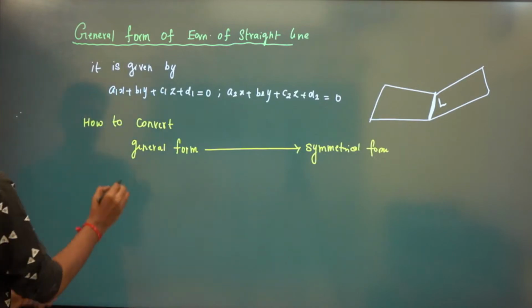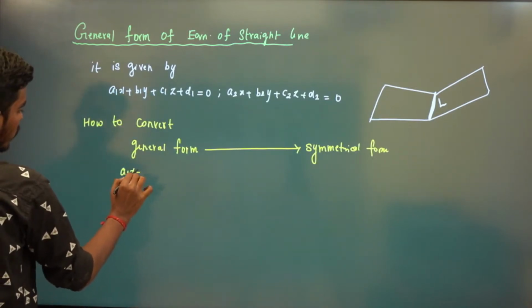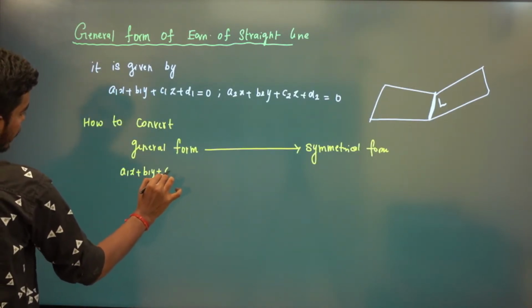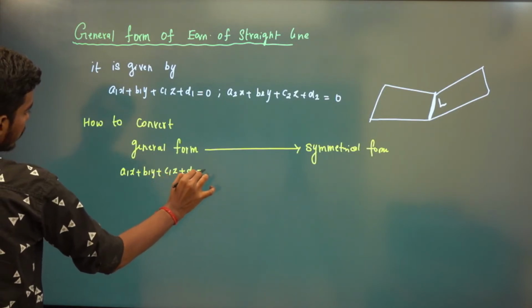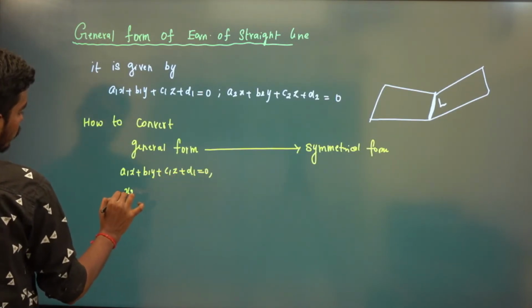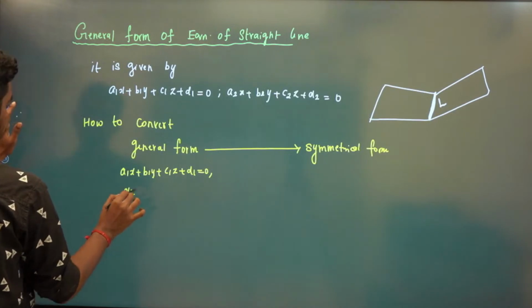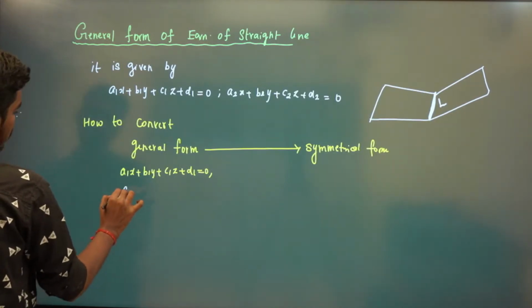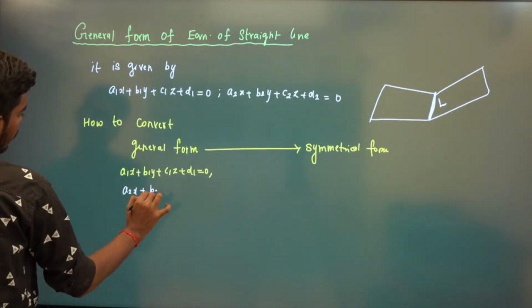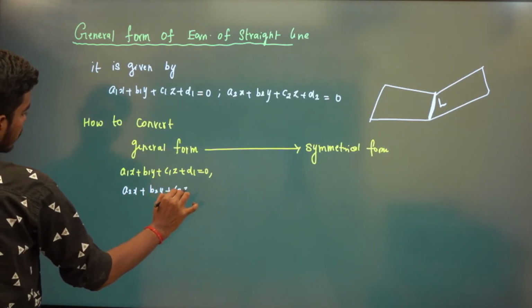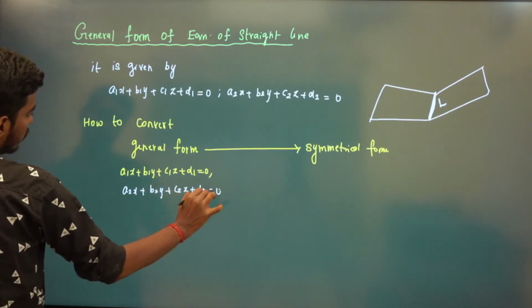General form is they will give a pair of planes: a1x plus b1y plus c1z plus d1 is equal to 0, and one more plane, a2x plus b2y plus c2z plus d2 is equal to 0.